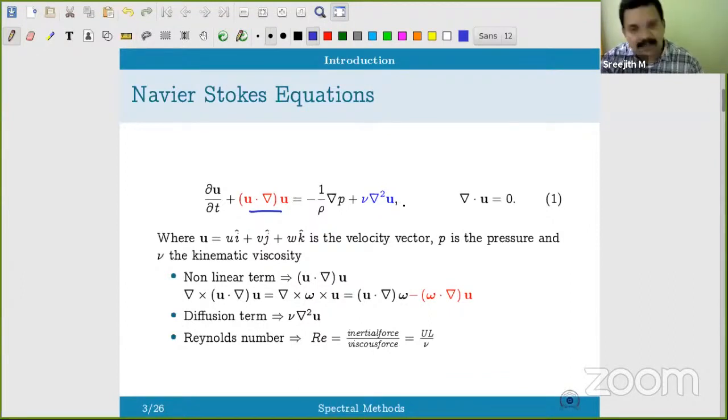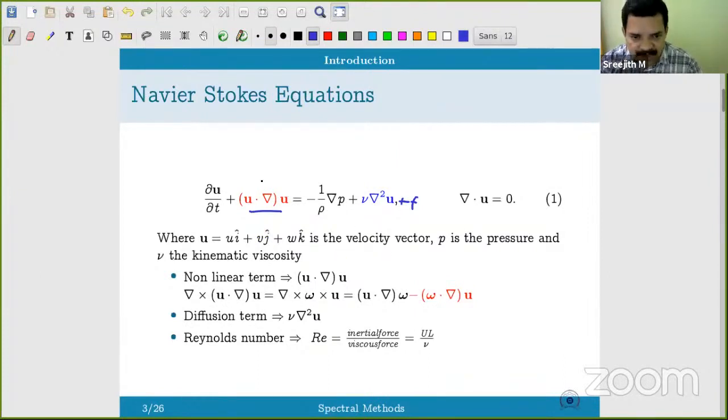If there is external forcing, you have to add a forcing term also. Along with this you have ∇·u = 0, the continuity criterion. Here u is a vector quantity with components in three directions, u, v, w, p is pressure, and ν is kinematic viscosity.